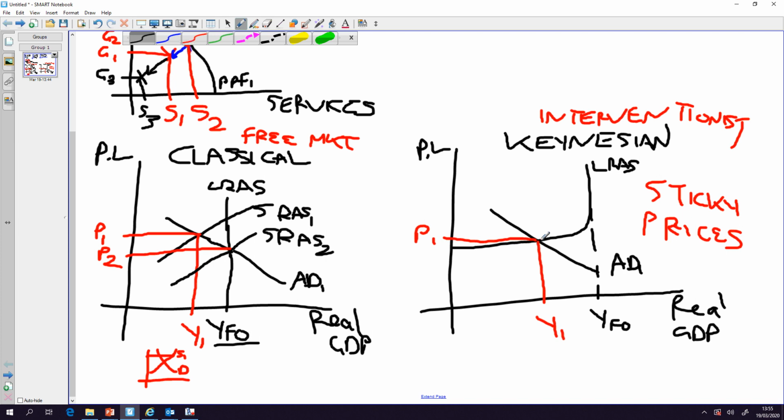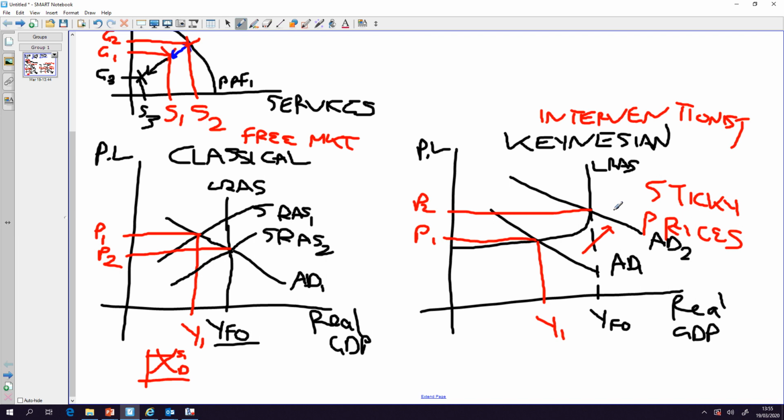Sticky prices or wage rates stop the economy from getting to YFO. So Keynes would say that governments need to intervene in the economy to get us as close to YFO as possible. So what they'd be required to do is to boost aggregate demand across the economy. And look at that. As AD moves outwards, the economy has moved onto the YFO.